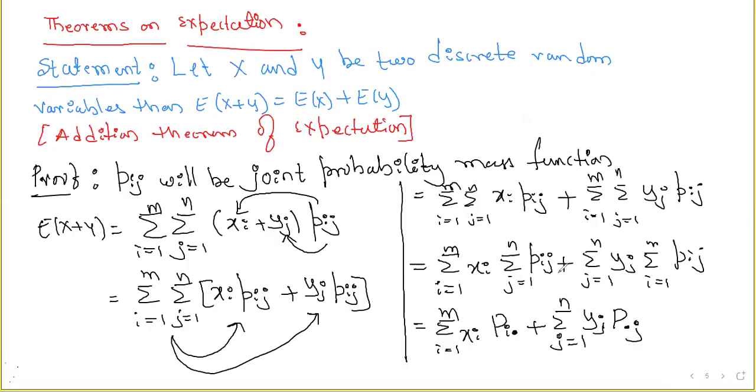Now I will go back to this equation. Just see here, I'm sorry for this interruption. This is nothing but the definition of expected value of x, and this is the definition of expected value of y.